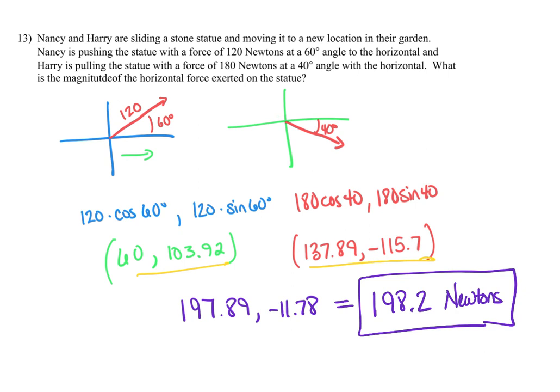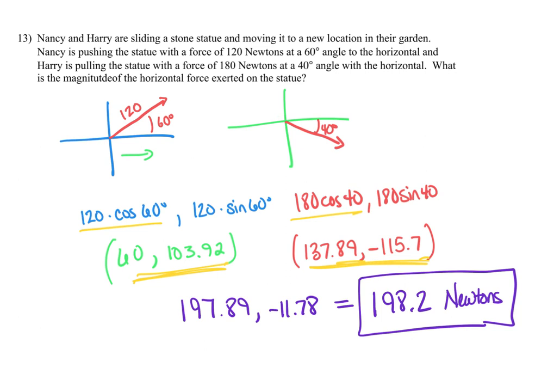So if you had put in 120 cosine of 60 plus 180 cosine of 40 and done the square root of that, it would have gone differently, but that's a lot to put into your calculator at one time. I would rather you write it out and round it within the process and show me than not.